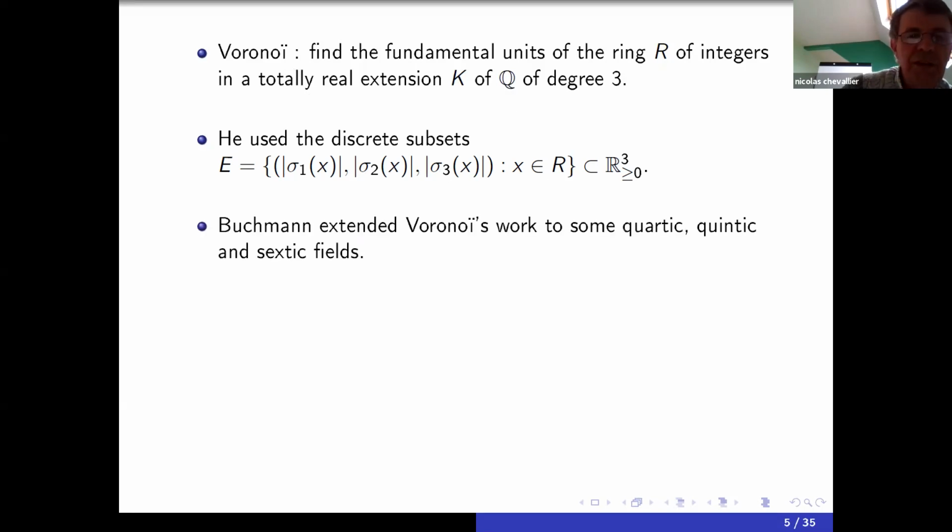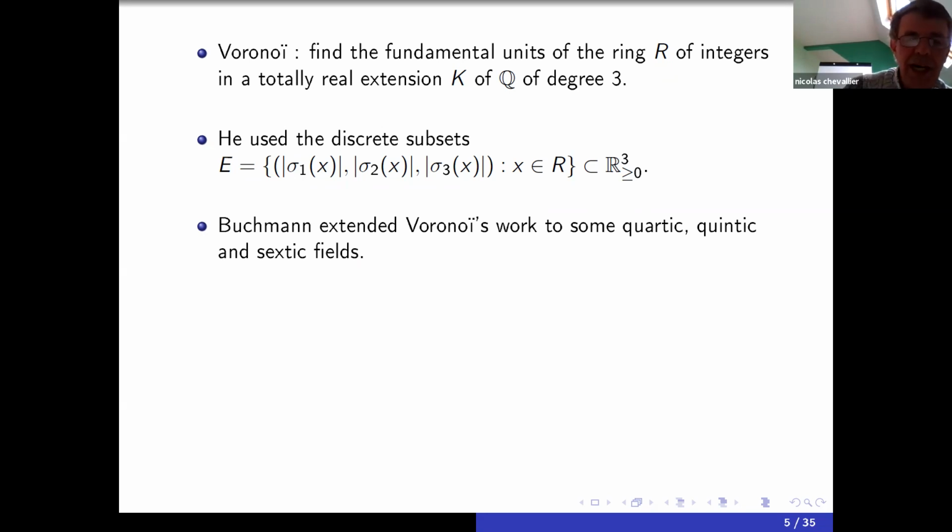Voronoi's algorithm was extended by Bruman to some quartic, quintic, and sextic fields in order to find some fundamental units in the ring of integers of these fields.